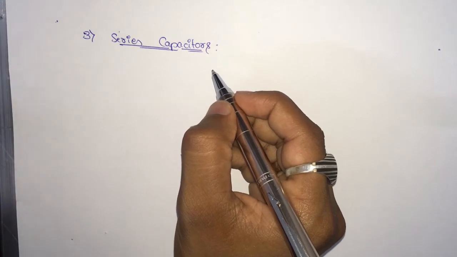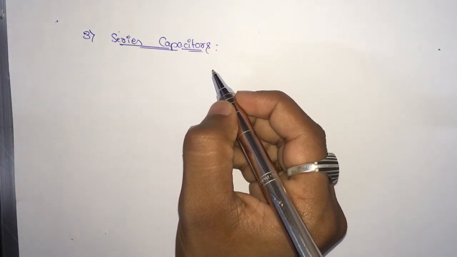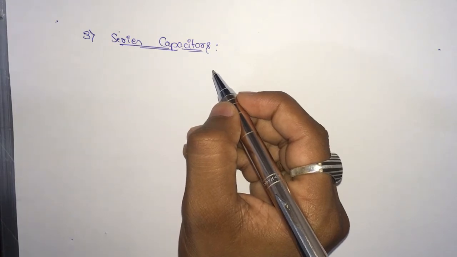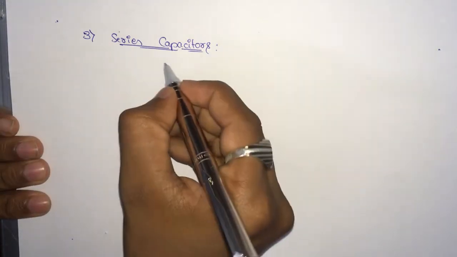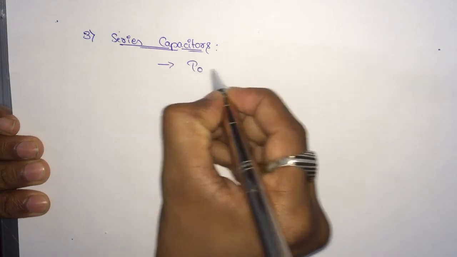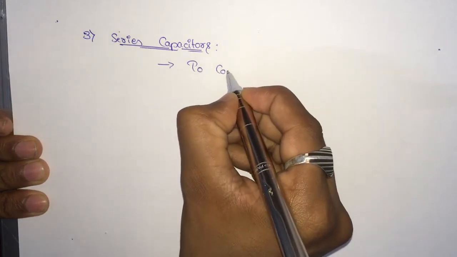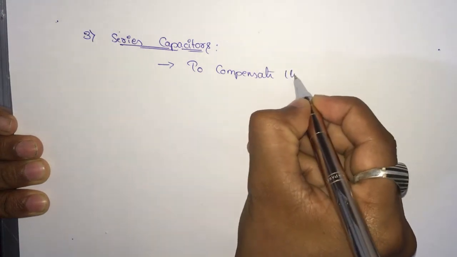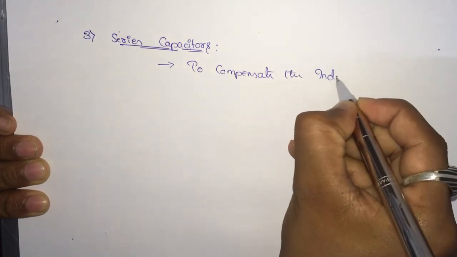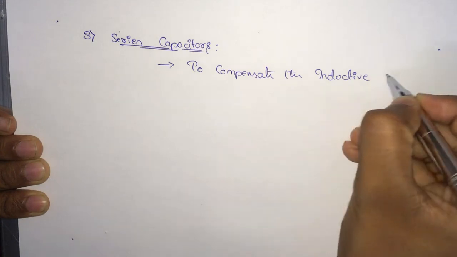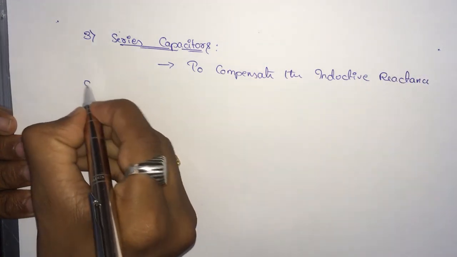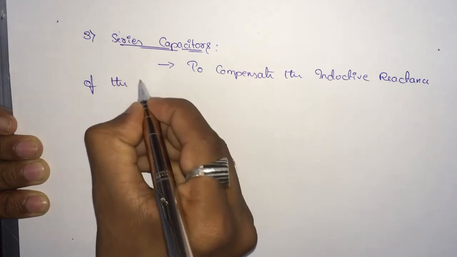Remember, we connect them in series with the line conductors to compensate the inductive reactance of the line.